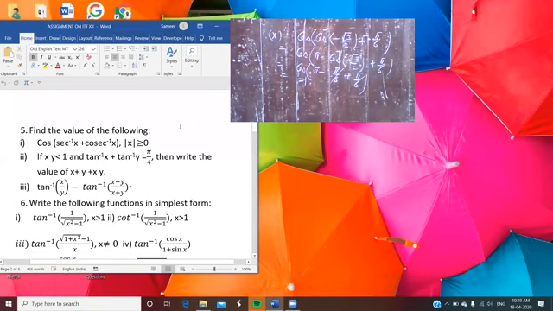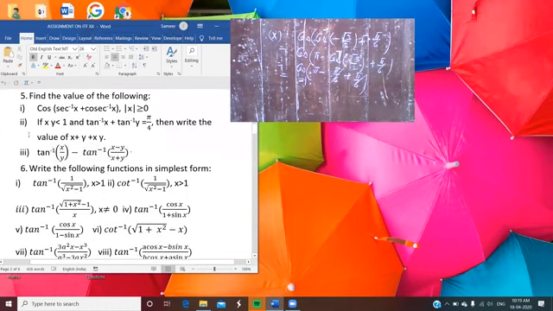So what is its value? You know the formula: sec inverse x plus cosec inverse x is equal to pi by 2. Yes, that's a property you know. So it becomes cos pi by 2, and cos pi by 2 is 0. So the first part's value is 0.